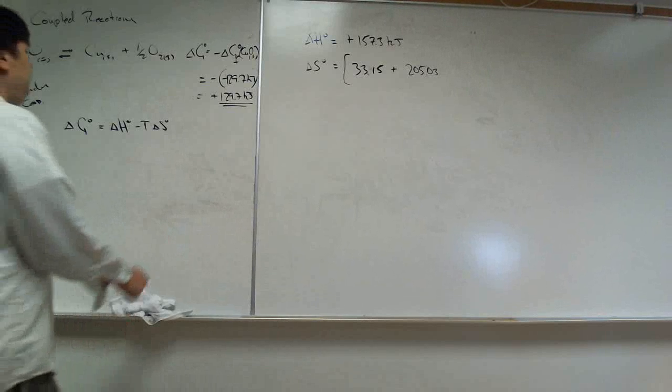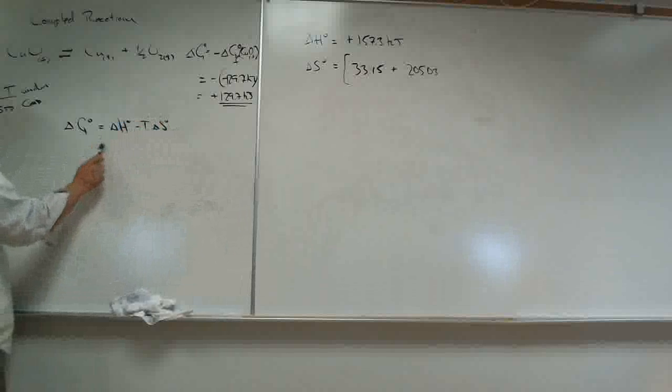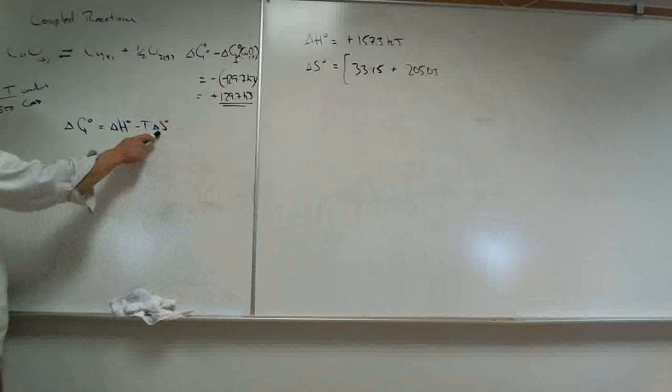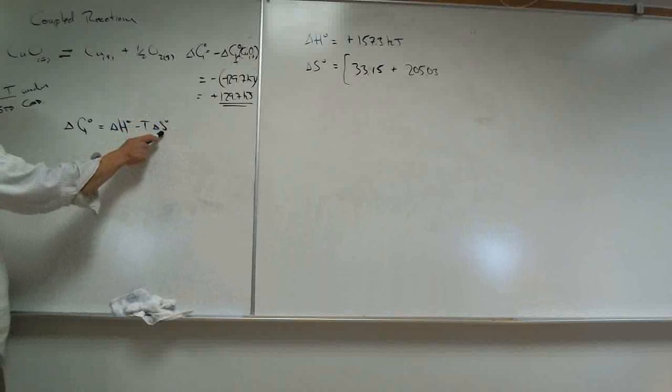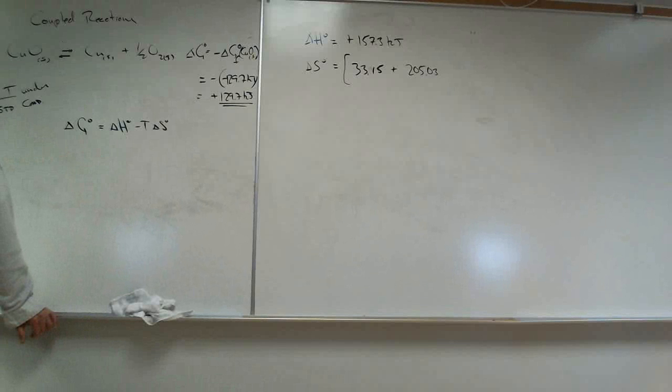And so over here, we call this term the positional entropy. That is, how many different ways can we arrange those particles in three-dimensional space. And delta H, we call the energy, but delta H is related to the entropy as well, but it's not the positional entropy it's related to.